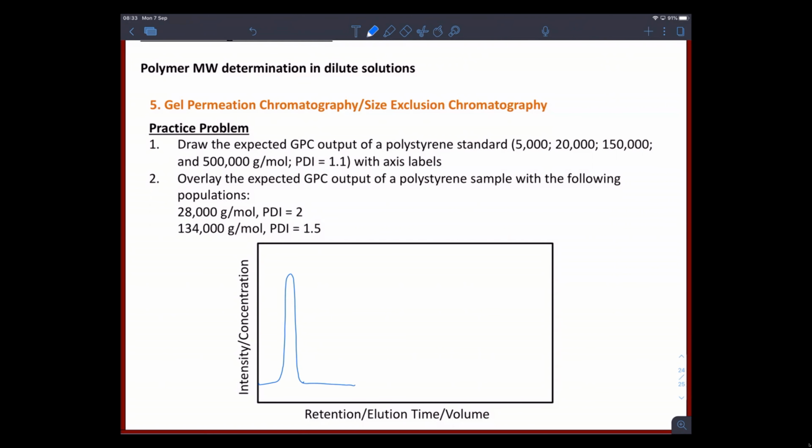And then we're going to get 150,000 coming off there. And these are relatively narrow, right? Because we know that the PDI of these things is 1.1. And then further down, we're going to get 20,000. Again, the intensity doesn't matter for these things. And then we have 5,000.